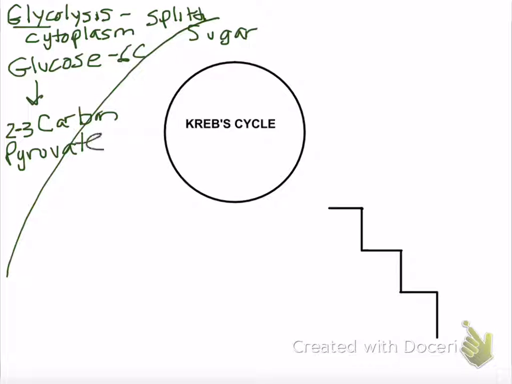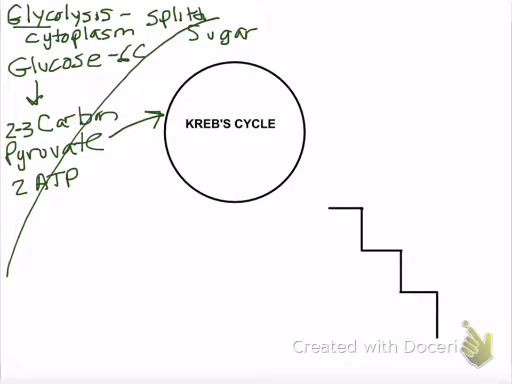We also make 2 ATP molecules in this process. So the pyruvate is going to be used in the second step in the Krebs cycle. So we'll bring the pyruvate to the Krebs cycle.